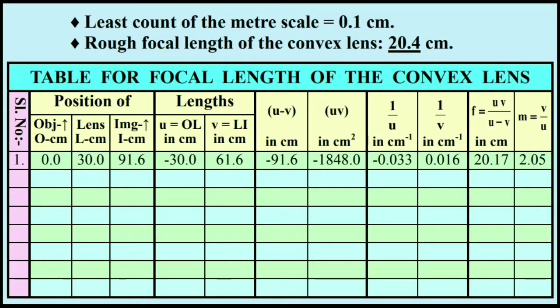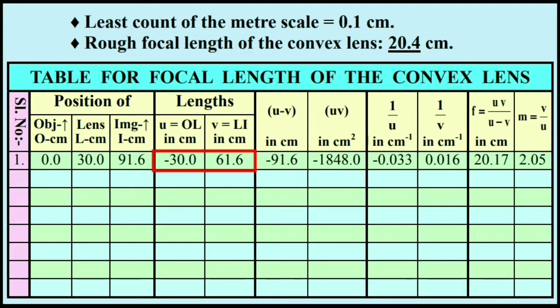Observation number 1 is recorded in the table, where the object pin is at 0.0 centimeter mark, the lens, the convex lens, is at 30.0 centimeter mark, and the image locating pin is at 91.6 centimeter on the meter scale.